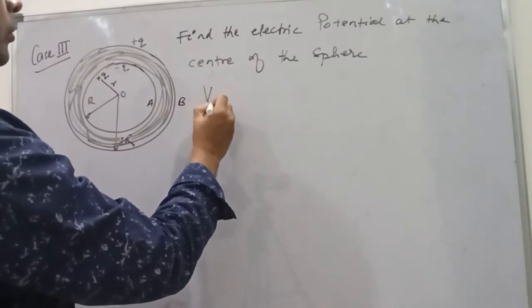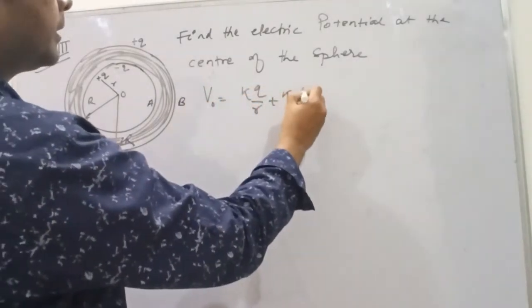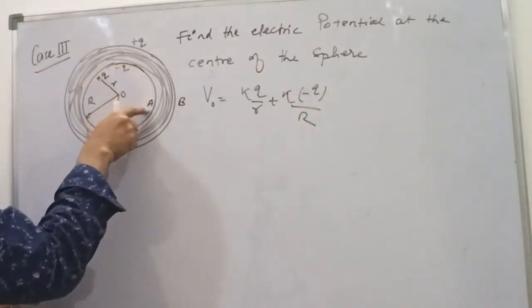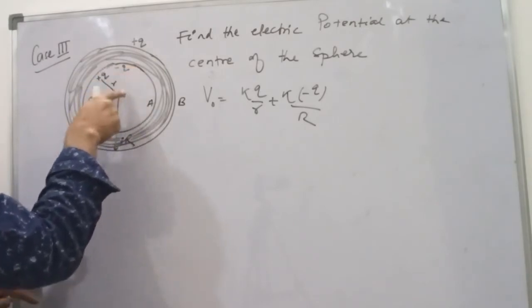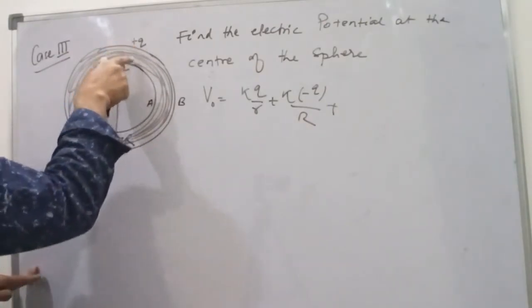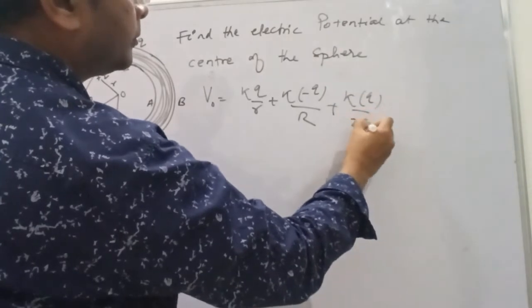So V at O can be written as KQ by r plus K(minus Q) by capital R. I am talking about this inner surface of A, that is K(minus Q) by capital R. Plus I am talking about this outer surface of radius 2R, so we can write KQ upon 2R.